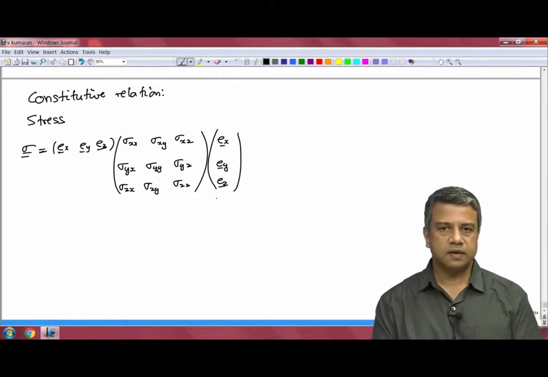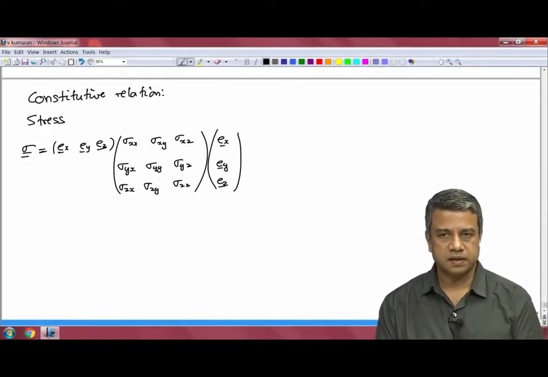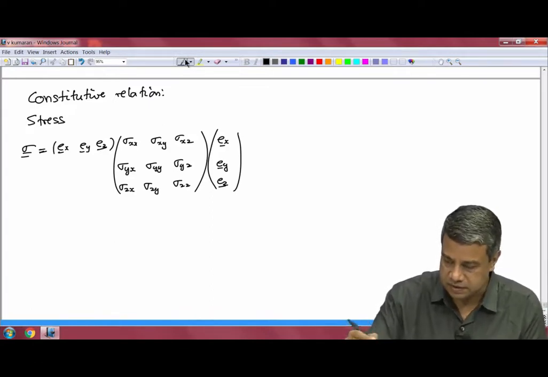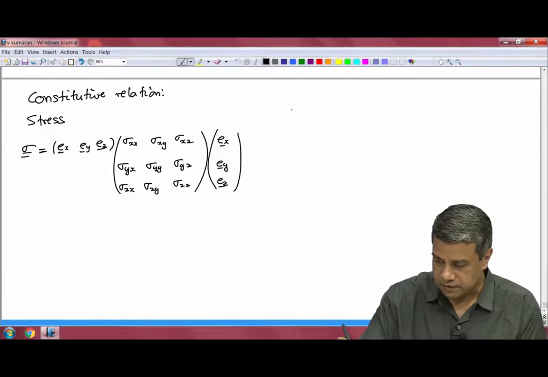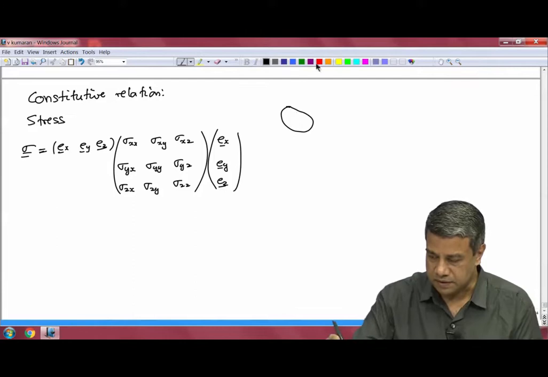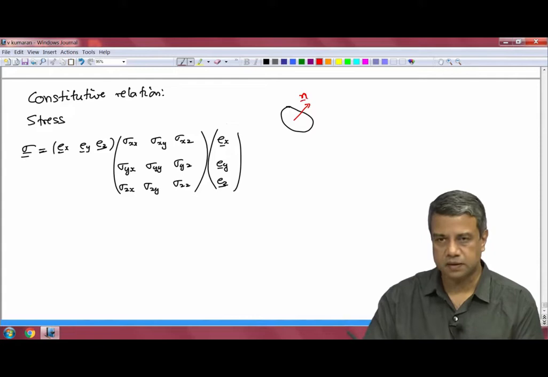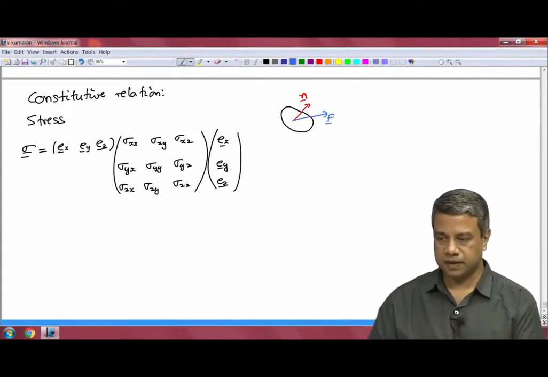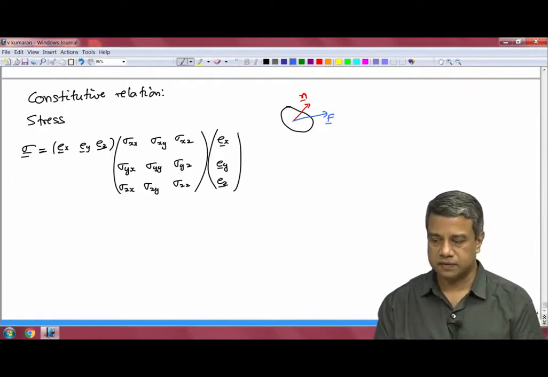The first set of unit vectors on the left and the first index is the direction of the force. Stress is a force per unit area. So, the direction of the force is given by the first index in the first set of unit vectors on the left. If I have some surface here, and that surface is perpendicular to a unit normal n, and you have some force F acting at that surface, the first index refers to the direction of the force per unit area at that surface.